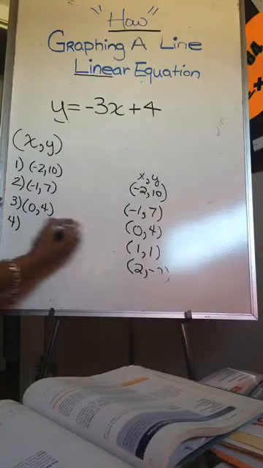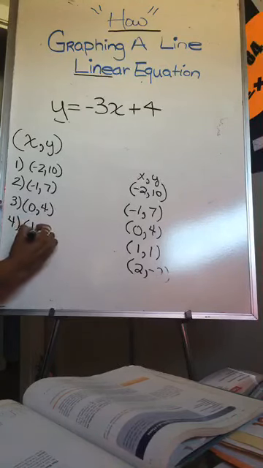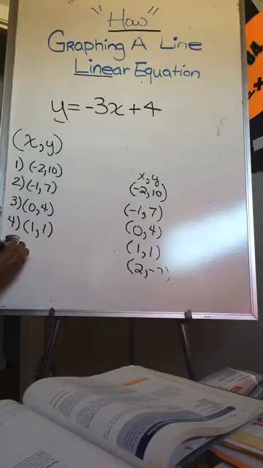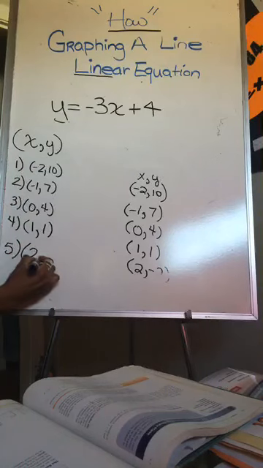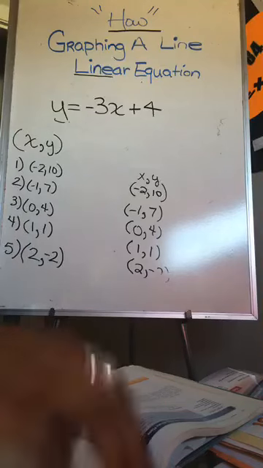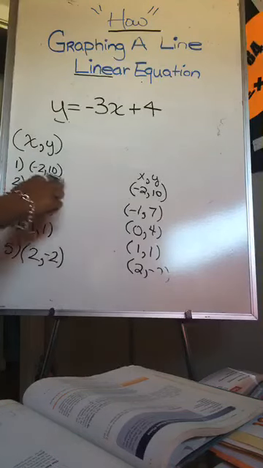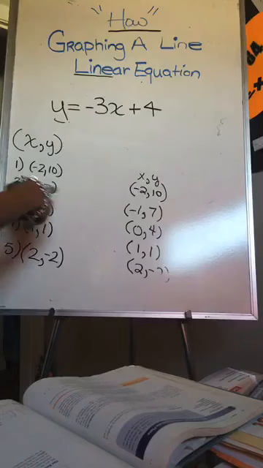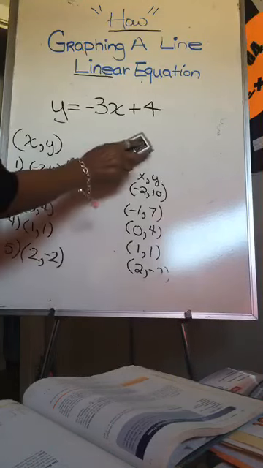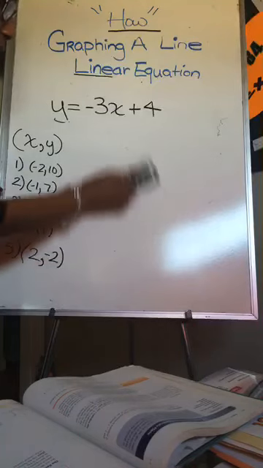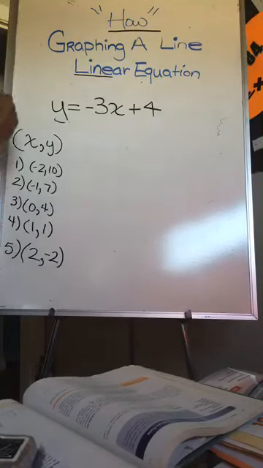Okay, we have 5 points here. So we have -2, 10, -1, 7, 0, 4, 1, 1, and 2, -2. I'm sorry, I miscounted. We have 5 points here.